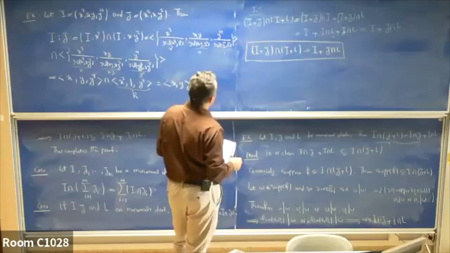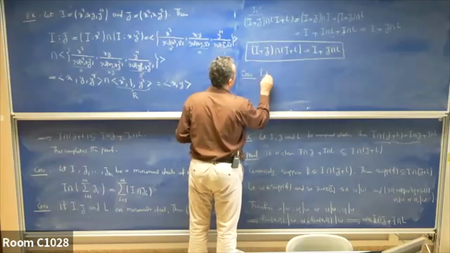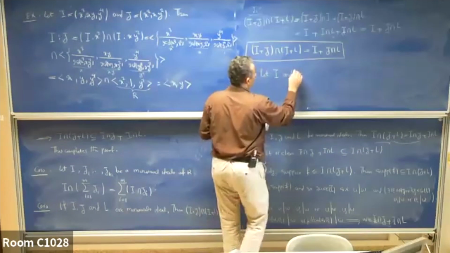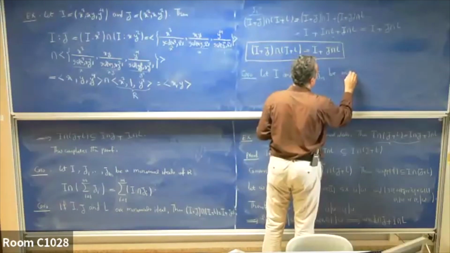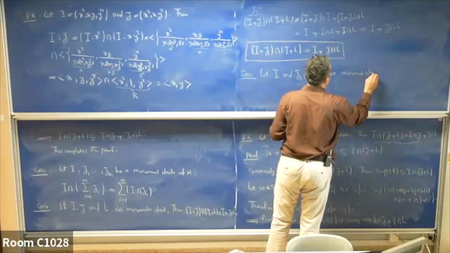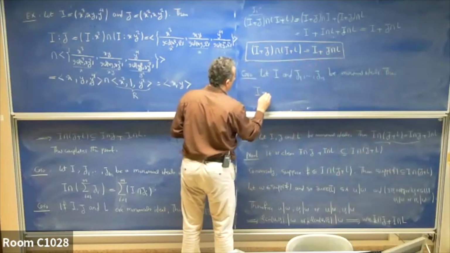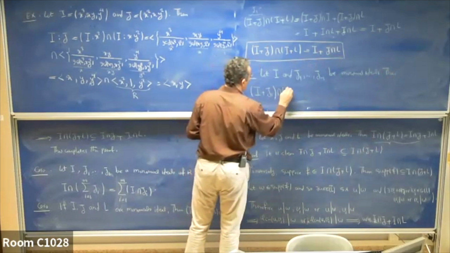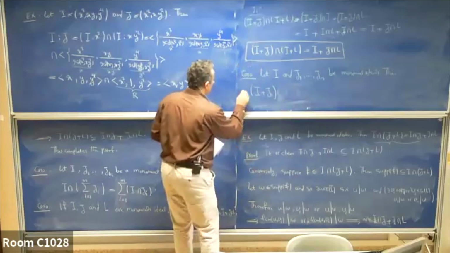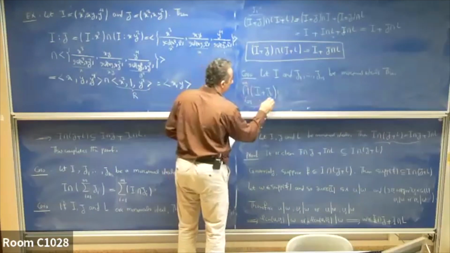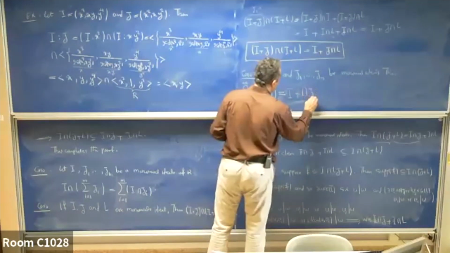So we can generalize this corollary. Let I and J1, ..., Jm be monomial ideals. Then the intersection of (I + Ji), i = 1 to m, is equal to I plus the intersection of the Ji.